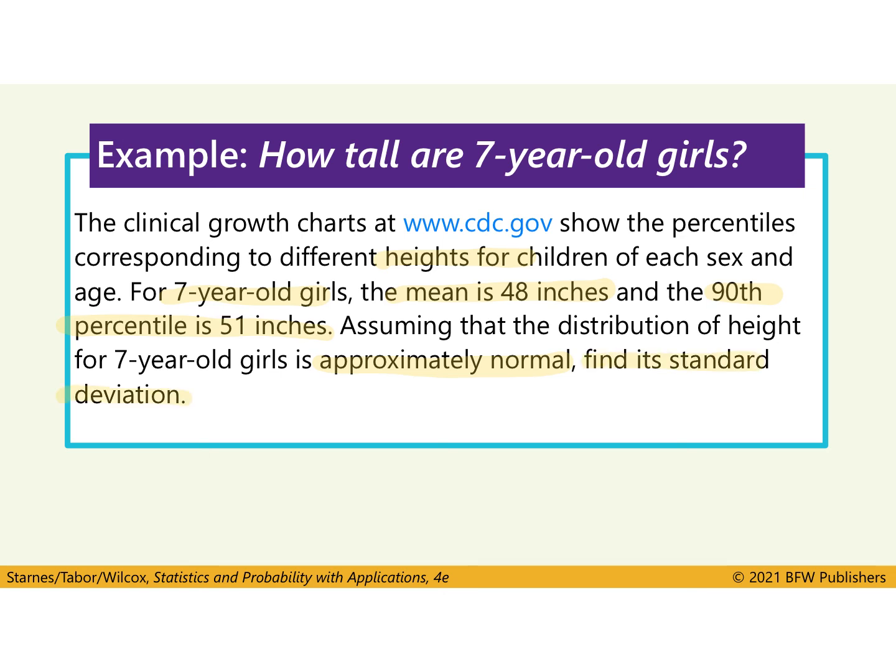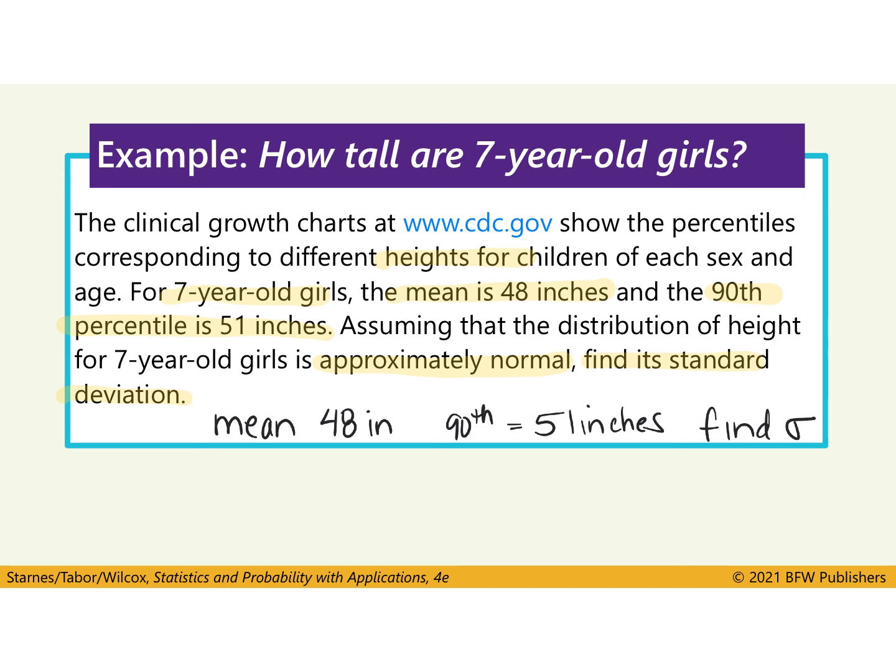So let's write down what we know. The mean is 48 inches. The 90th percentile is 51 inches. We want to find sigma. So let's start with our z-score equation.